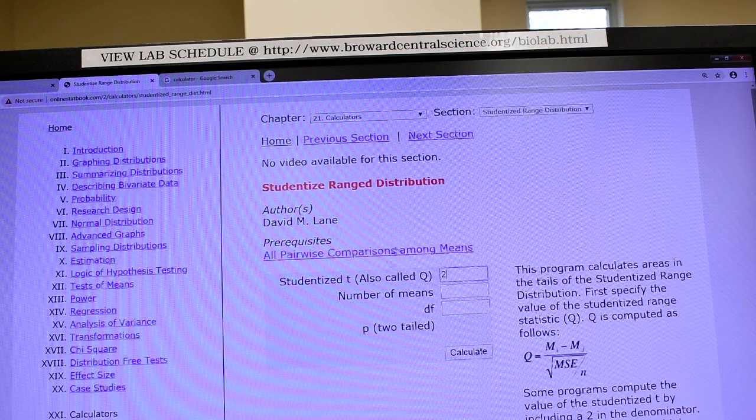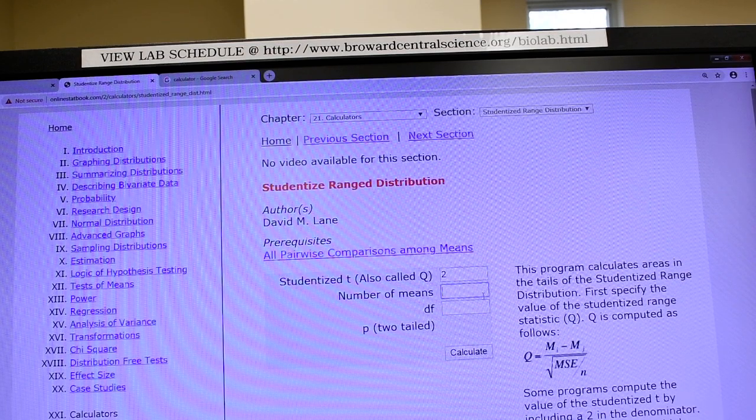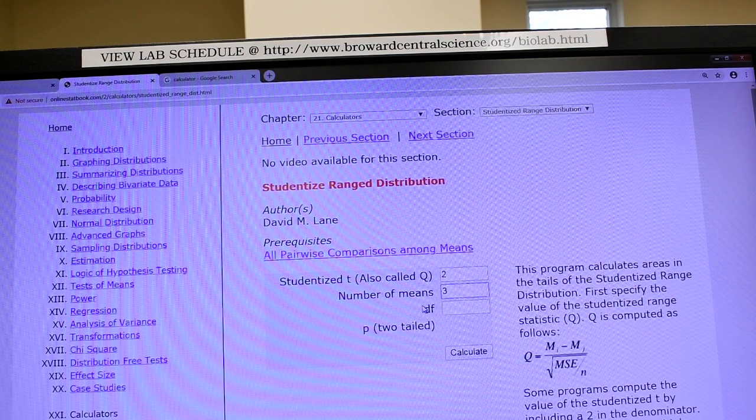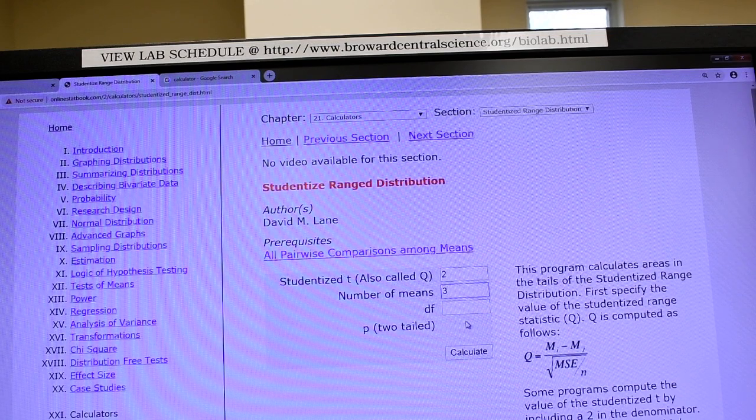So that's what I calculated for Q. Now we need the number of means. For this example, we were working with 3 groups, so there's 3 of them. So it's not the number of means you're comparing, it's how many groups you have. I don't know why they didn't just call that groups. That number of means is a little confusing to me.